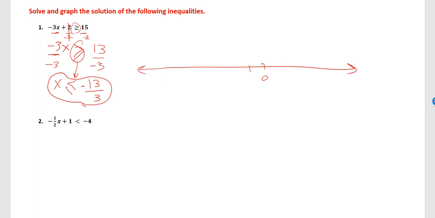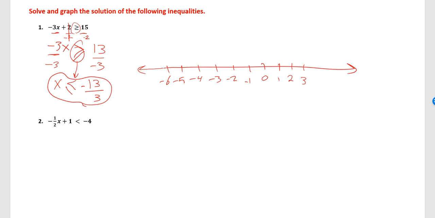So 1, 2, 3, 4, 5, 6, etc. -1, right? -2, -3, -4, -5, -6, etc. And then obviously, we have the positive side, but we won't really need it. But, let's just draw a couple of the numbers.